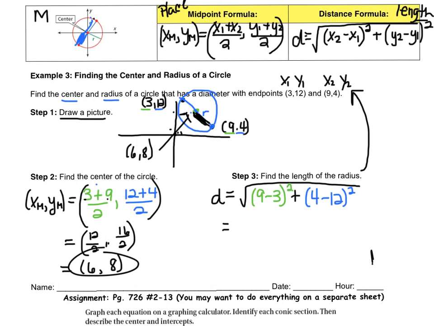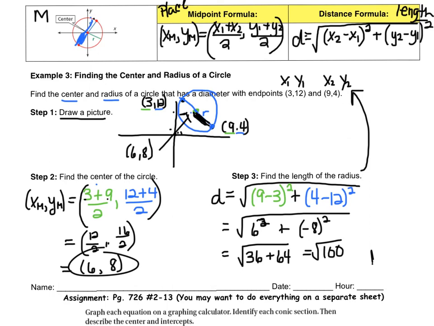Now let's simplify. 9 minus 3 is 6 squared, and 4 minus 12 is negative 8 squared. So let's square the numbers. 6 squared is 36. When you square negative 8, because you're going to type it in parentheses, you get 64. When you add up 36 and 64, you get the square root of 100, which we know is 10.